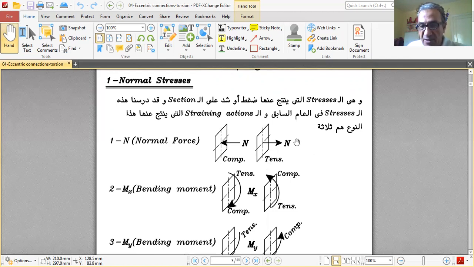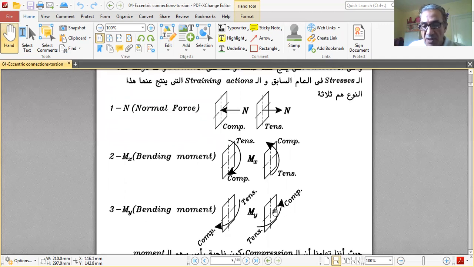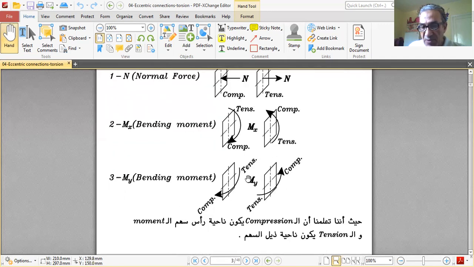So this is N tension, this is N compression. This is the compression side for Mx, and this is the tension side of Mx. Compression is at the head of the arrow, and tension at the tail. Tension at the tail, which is above over here, and compression is at the bottom. My could be either this way or that way. Here tension is on the right, compression on the left.